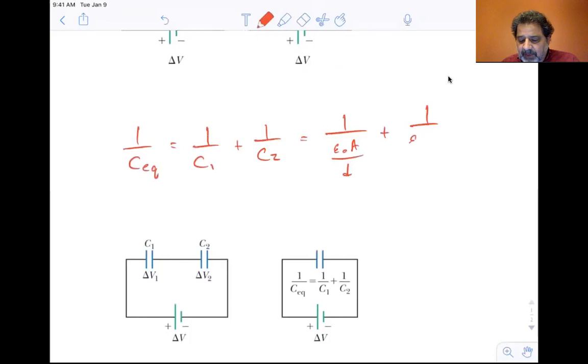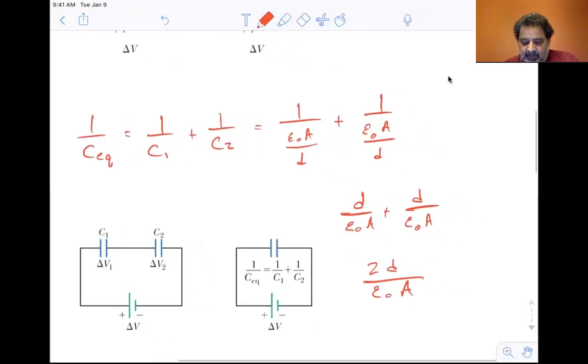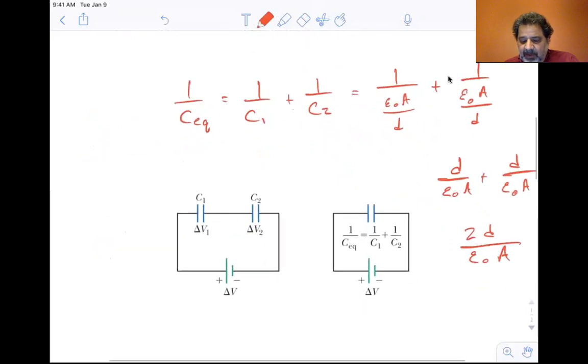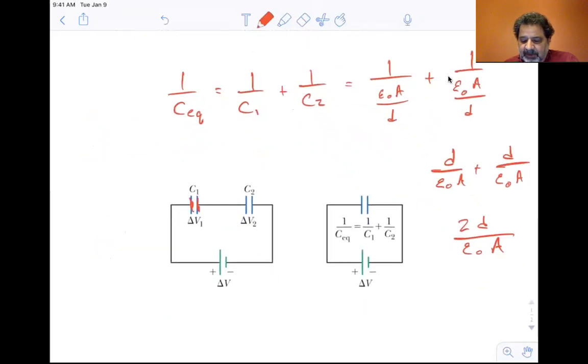So if we invert each of those, we end up with D over epsilon 0 A plus D over epsilon 0 A. And you see that it becomes 2D over epsilon 0 A. So basically this area is the same and this area is the same, but look what we've done.